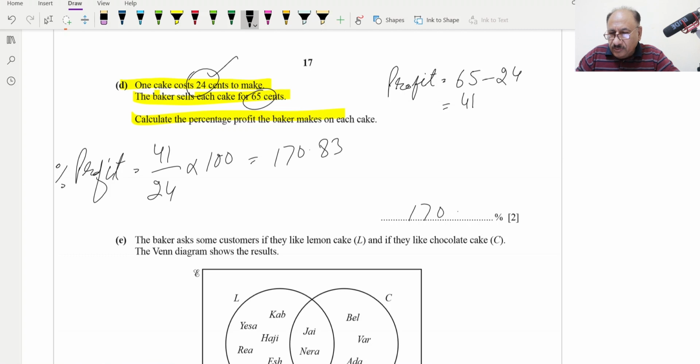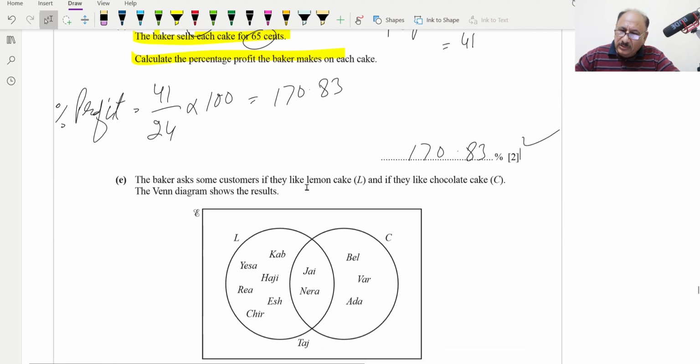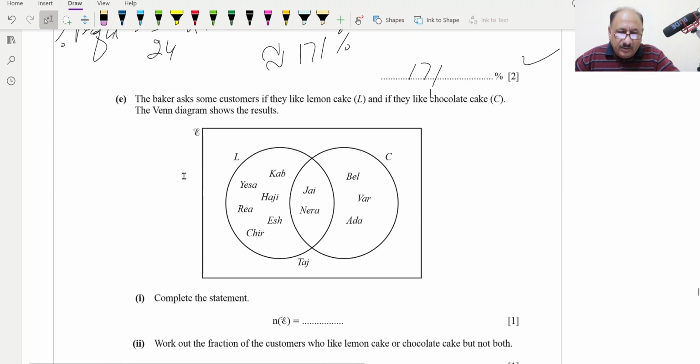This will be the percentage profit basically. Now basically what we can do, we can round it to 171%, and here also we can show 171%. This will be better.